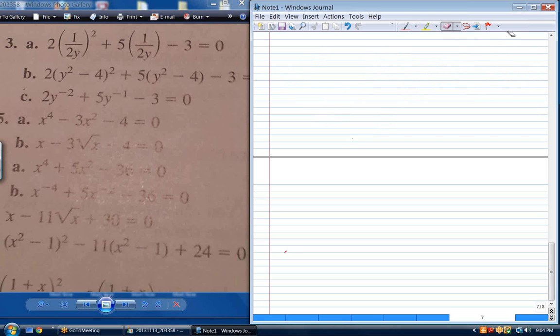Since we don't have much more time, I want to do one more. I want to do 5b. What is u equal to? U is equal to square root of x. So our quadratic is what?